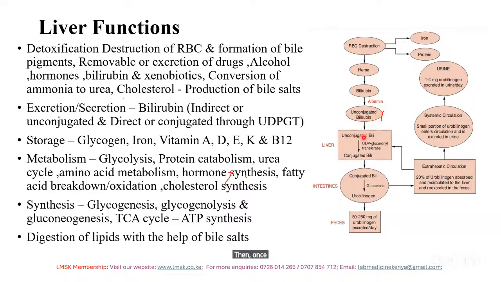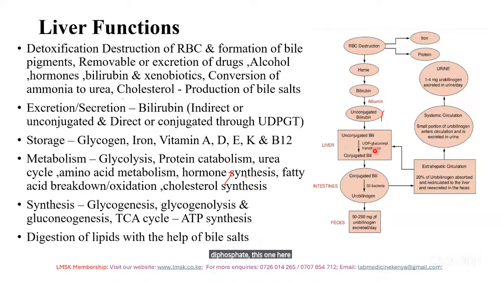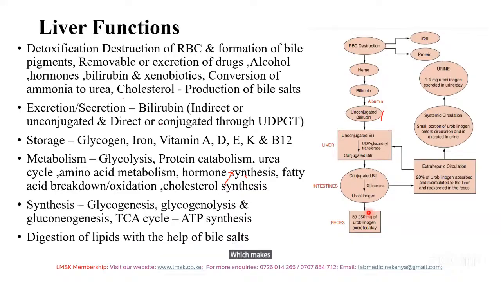Once the unconjugated bilirubin reaches the liver, it is converted to conjugated bilirubin, which is the direct bilirubin, by uridyl diphosphate glucuronide transferase, an enzyme that helps to convert the unconjugated bilirubin into the conjugated form. And this bilirubin can be excreted via the GIT through urobilinogen, and most of it is excreted in the fecal matter, which makes the fecal matter brown.